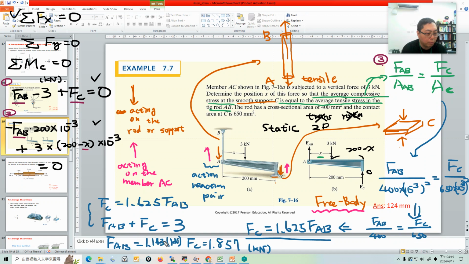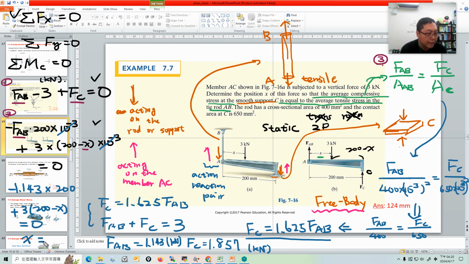And next, you can plug the FAB in there, and then we can solve for X. This 10 to the power minus 3, we can divide it, we can ignore it. So 1.143 times 200 minus and plus 3 times 200 minus X equal to 0. And what is X?